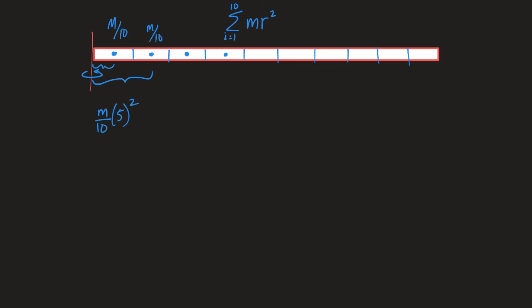So how far away is its center from the axis of rotation? 15. So plus m over 10 times 15 squared. You see where this is going? You've got 8 more of those to put together. When you're done, you will have the moment of inertia of the meter stick in terms of its mass. Not particularly hard to do, I hope.